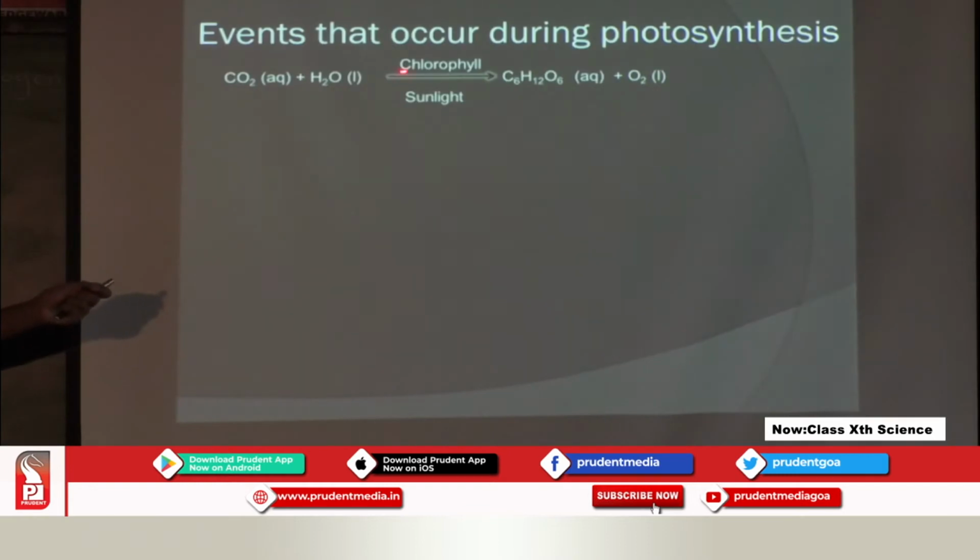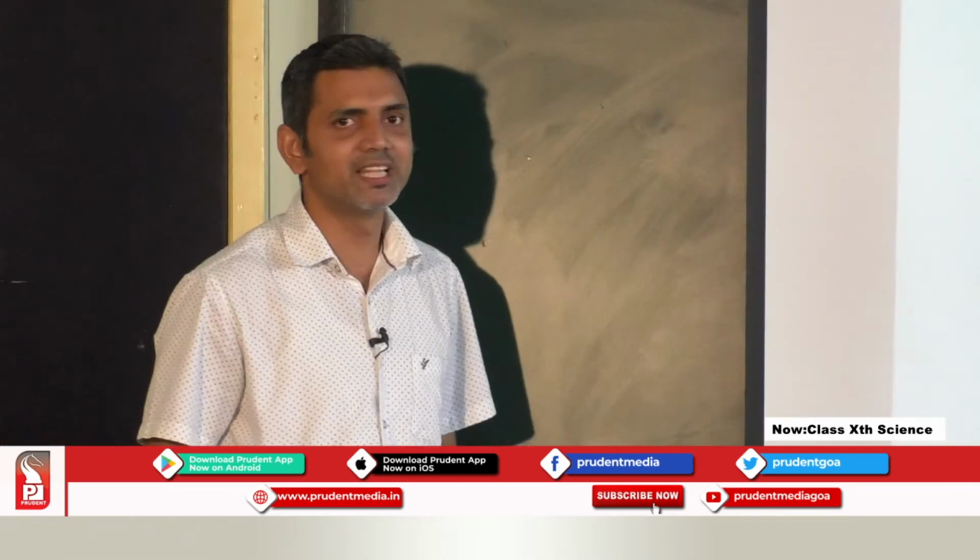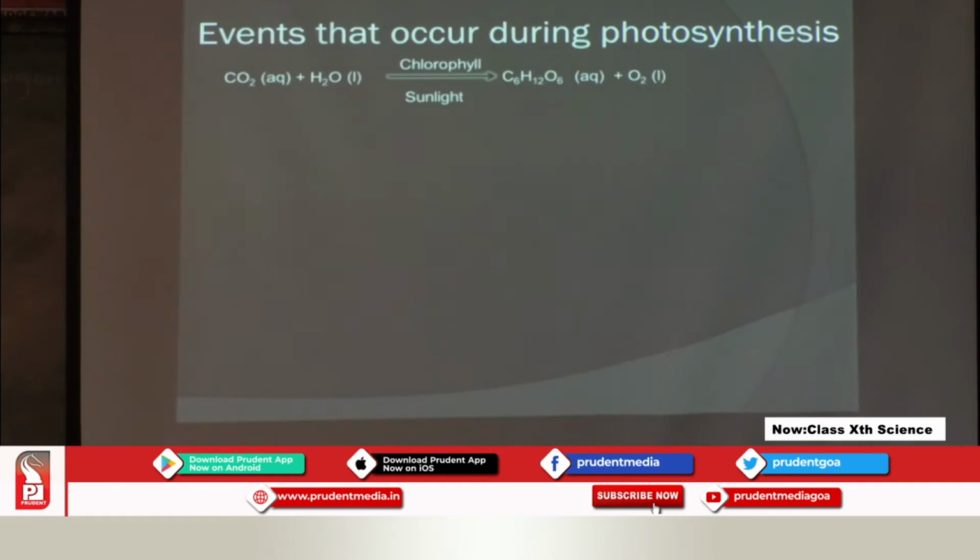As we can see in the equation here, on the reactant side we have carbon dioxide and water, and on the product side we have glucose and oxygen. This is the equation that represents the photosynthesis process. In this equation there are two reactants, carbon dioxide and water, and two products, glucose and oxygen.